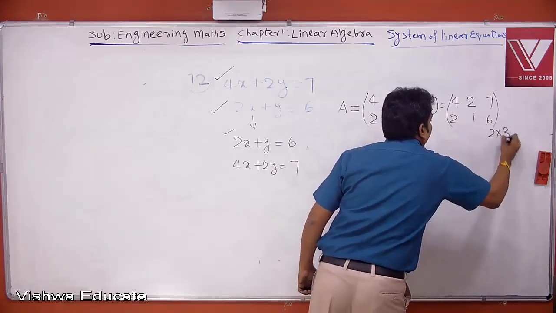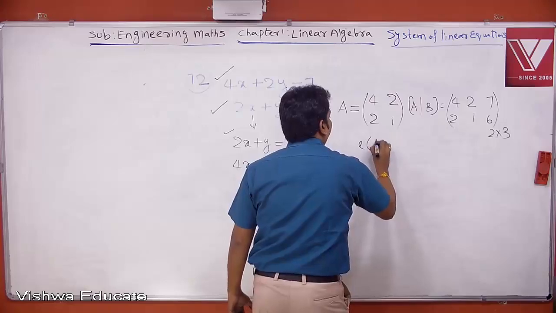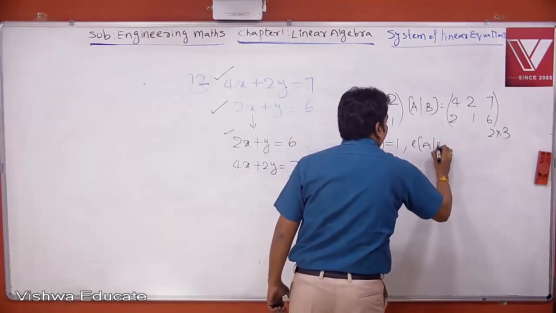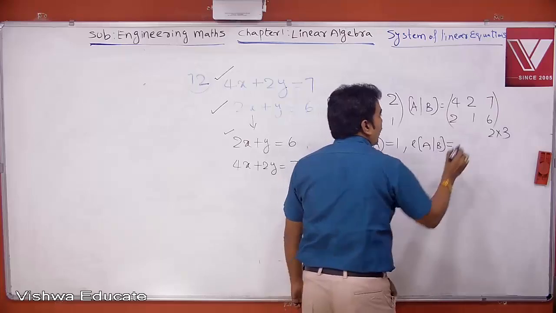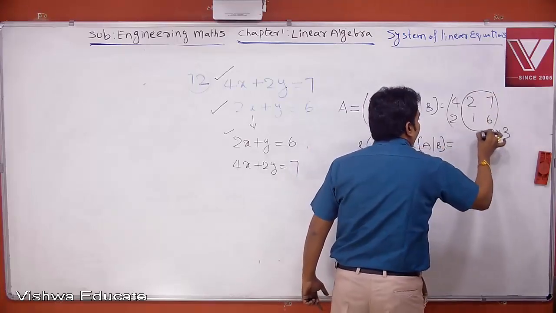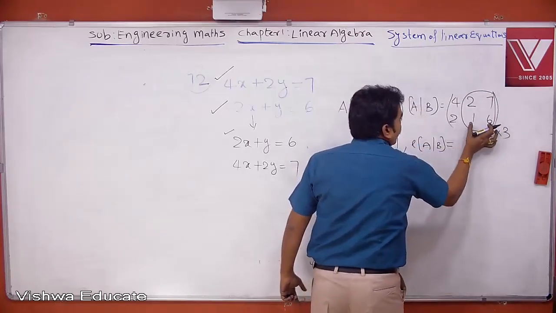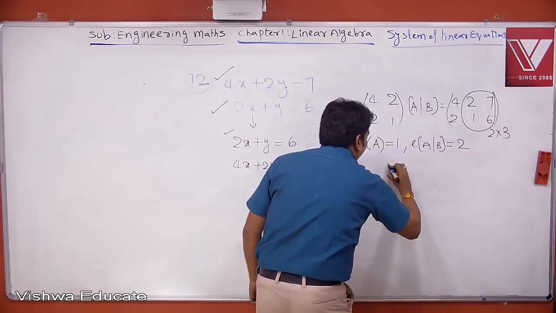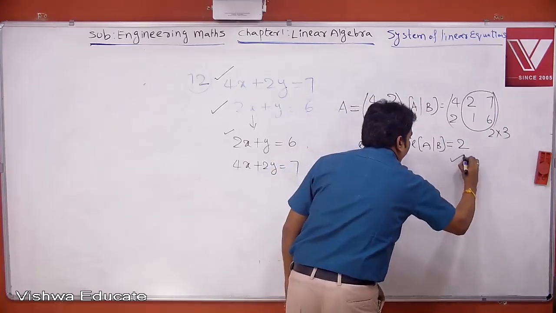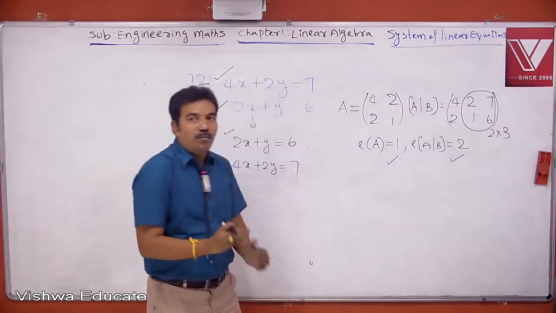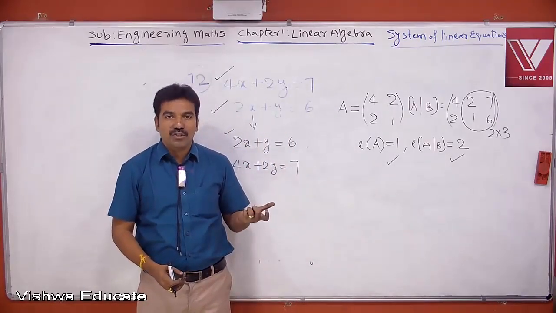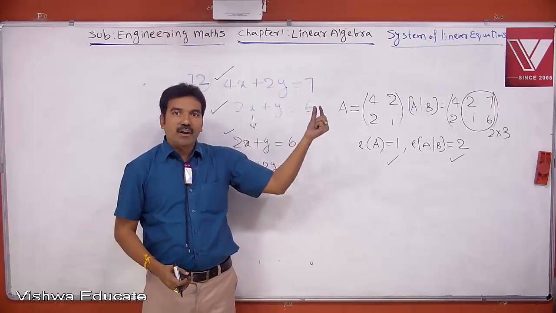This is my 2 by 3 matrix. Here rank of A equal to 1. But rank of the augmented matrix A slash B: look at the det of this 2 by 2 submatrix, a block where det is non-zero, so rank is 2. Rank of the coefficient matrix is 1, rank of the augmented matrix is 2. Both are not matching, so it is inconsistent. Inconsistent means no solution. That is by using the rank concept.